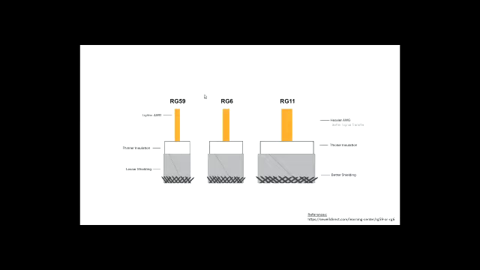Now, the three basic types of cables that we are going to take a look at, I would say, are the most popular still available on the market. They are the RG59, RG6, and RG11. The RG6 is the cable that you're going to see the most.